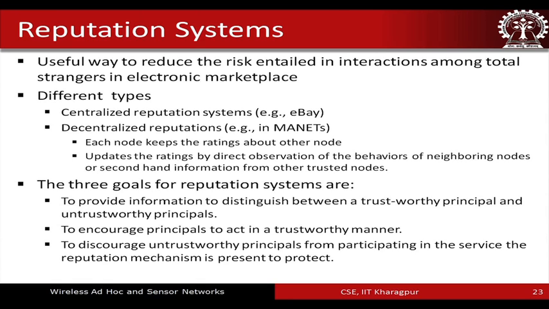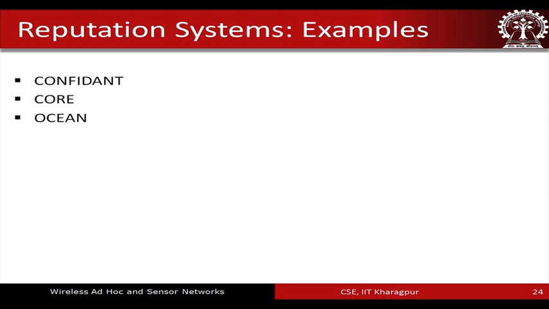The three goals of reputation systems are to provide information to distinguish between trustworthy and untrustworthy principals, to encourage principals to act in a trustworthy manner, and to discourage untrustworthy principals from participating in the service the reputation mechanism is present to protect. So, these are three important objectives of reputation based systems.